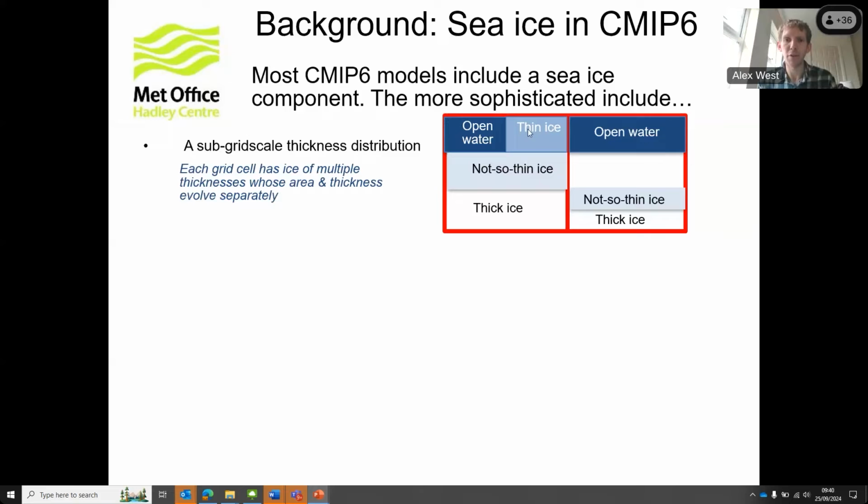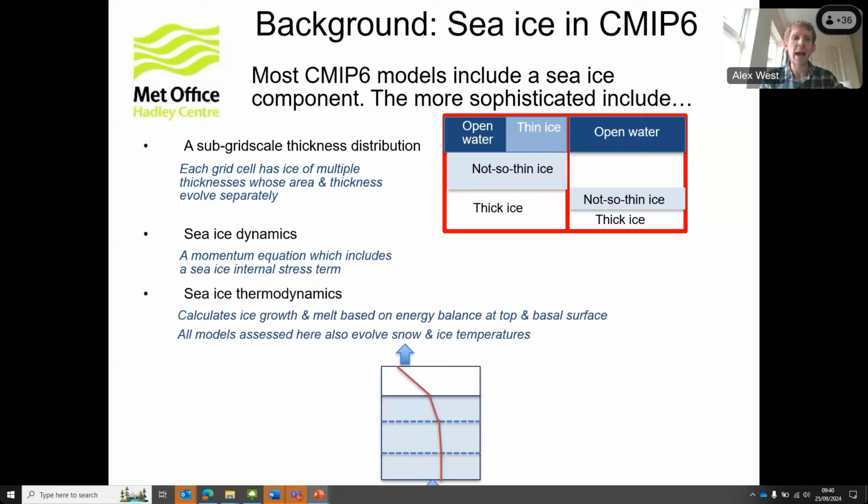It models different sorts of sea ice, usually in separate so-called thickness categories, which evolve separately because they tend to be governed by slightly different physical relations. They have quite sophisticated sea ice dynamics in that they have internal sea ice stress terms. The sea ice isn't allowed to float freely. And which is most important for this study, they tend to have quite complex sea ice thermodynamics as well.